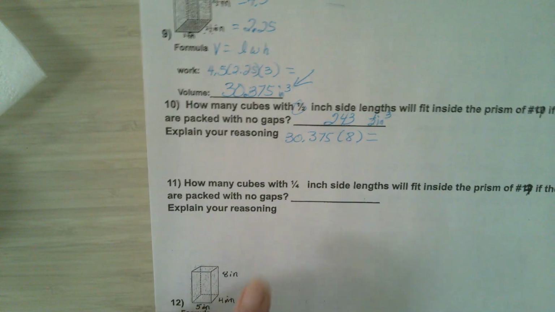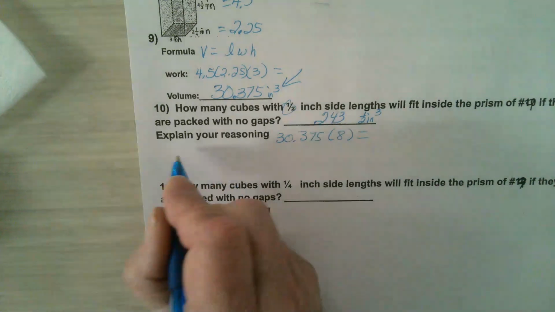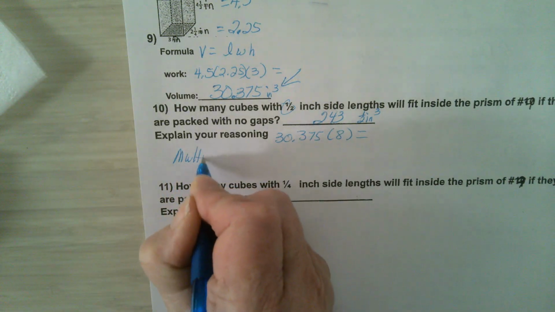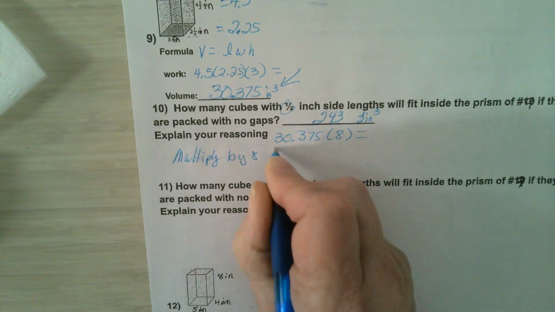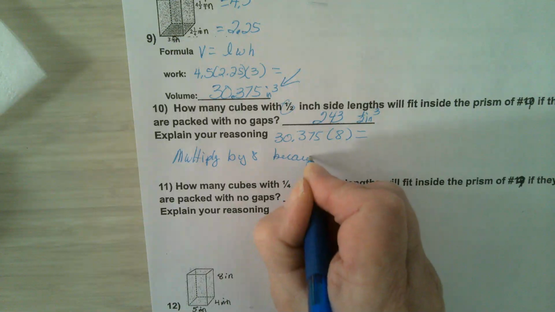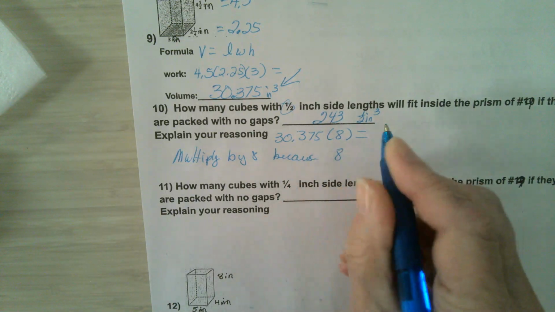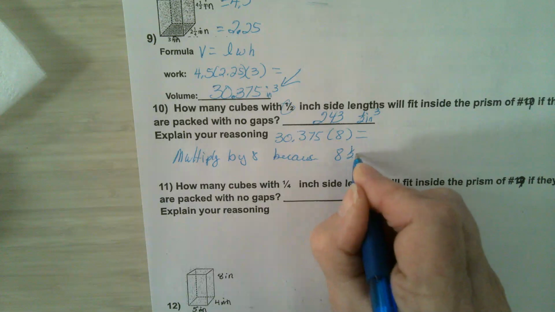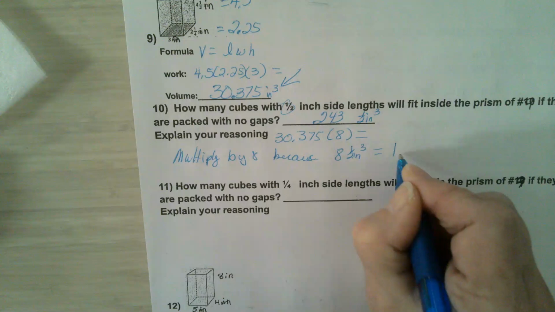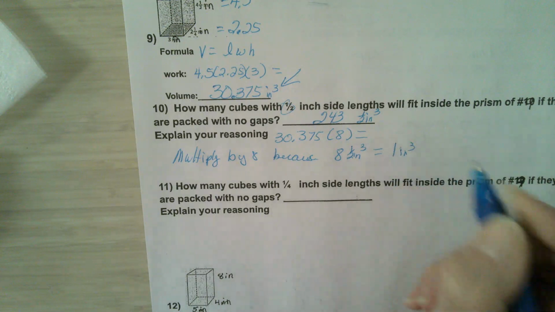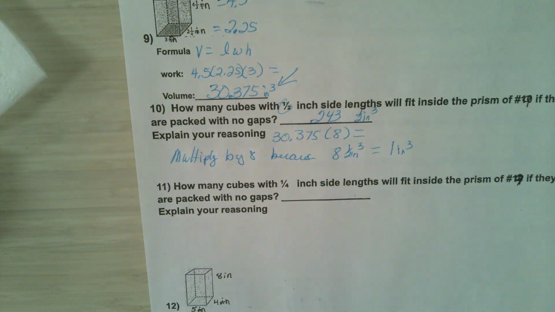Okay, now this time explain your reasoning. Multiply by 8 because 8 1/2 inches cubed equal 1 inch cubed. Okay, something like that.